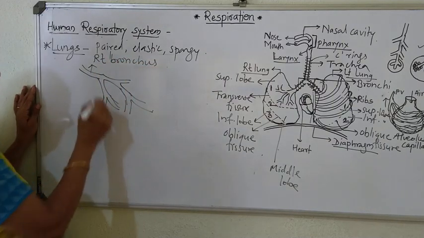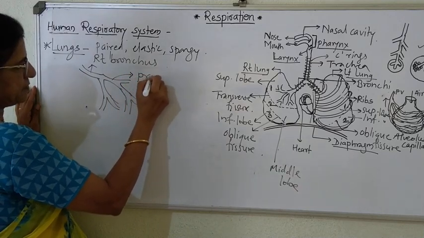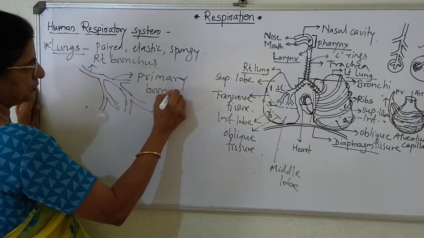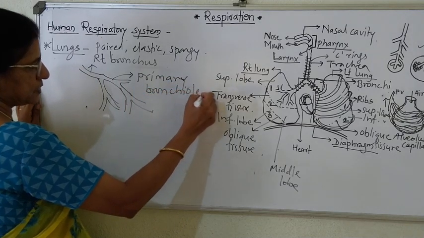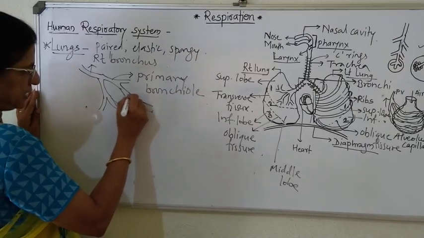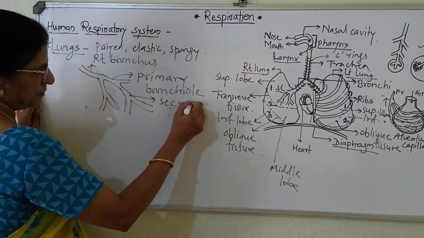The right bronchus divides, enters inside, and forms the primary bronchiole. This primary bronchiole then divides and forms the secondary bronchiole.